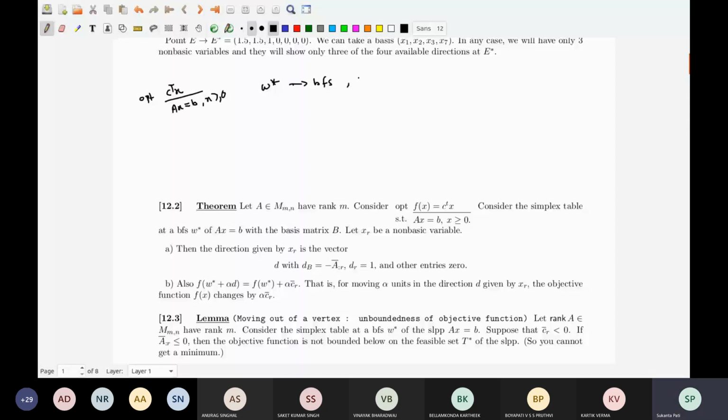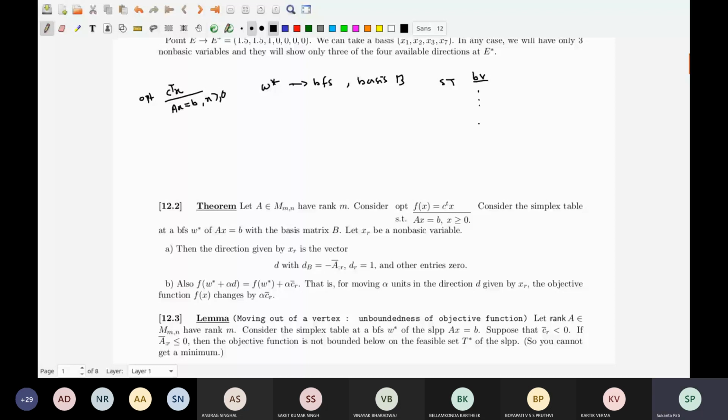Then what is the simplex table at this BFS? The simplex table would look like this. Here you will be writing the basis elements, and here you will have x1 to xn, and then B bar.